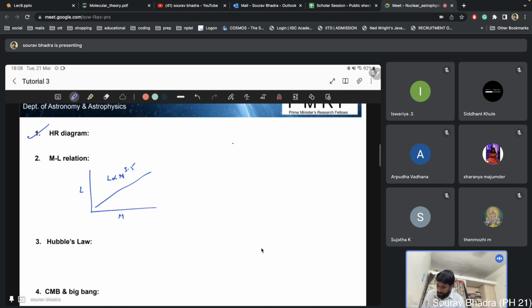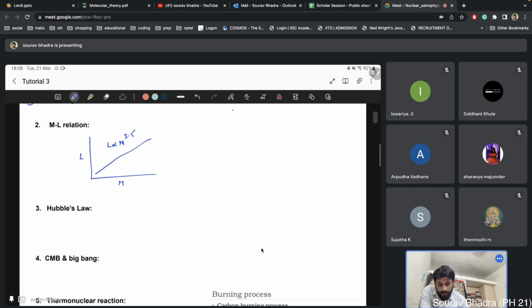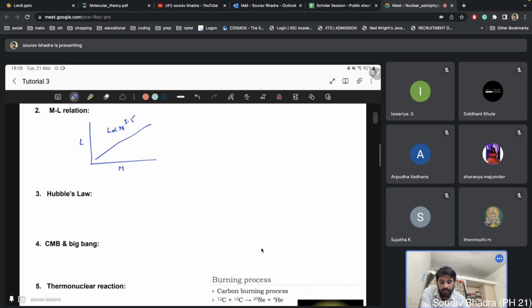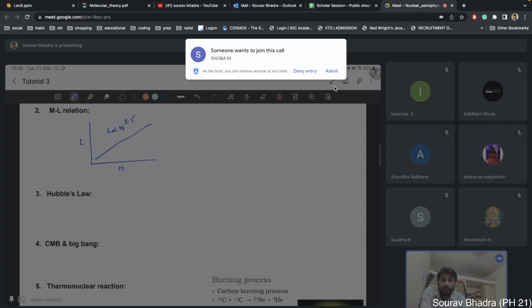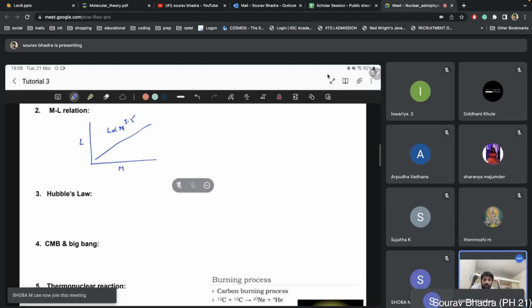Just a second, let me see my note. Yeah, then we did Hubble's law, which tells you the relation between the distance and the velocity.